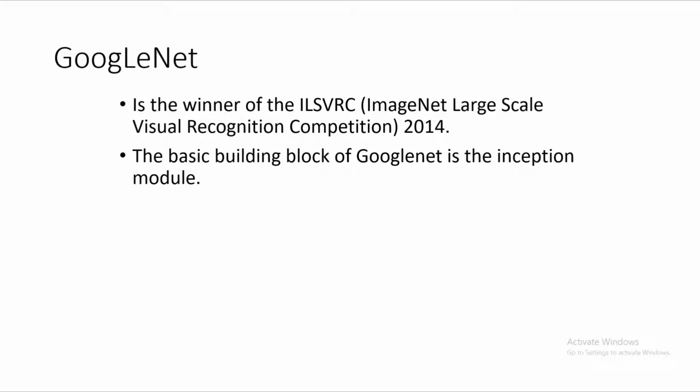While talking about VGGNet, the basic building block was a block of convolution layers with very small filter sizes, of 3 by 3. And if we look at AlexNet, it had variable filter sizes starting with 11 by 11, 5 by 5 and 3 by 3.